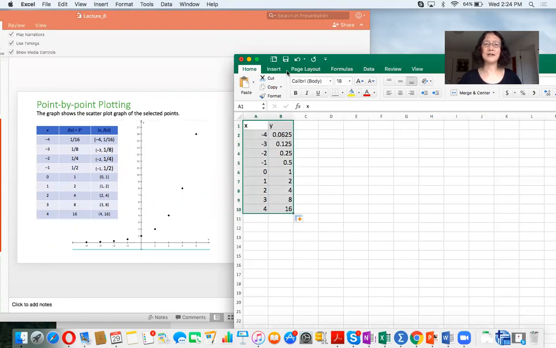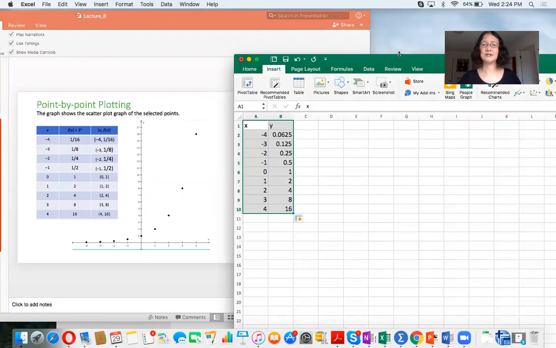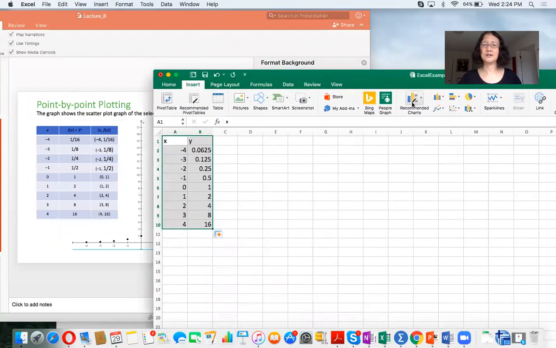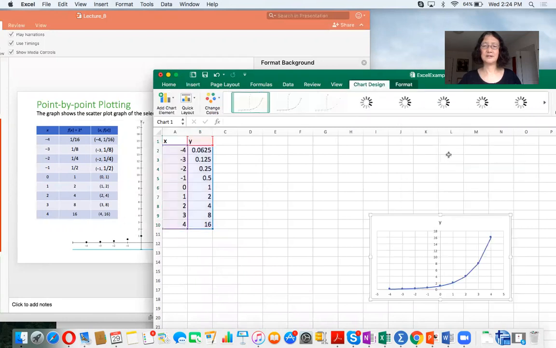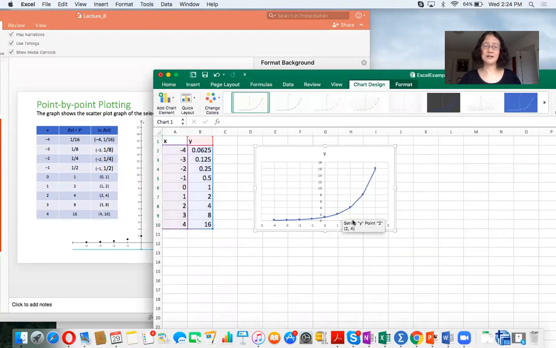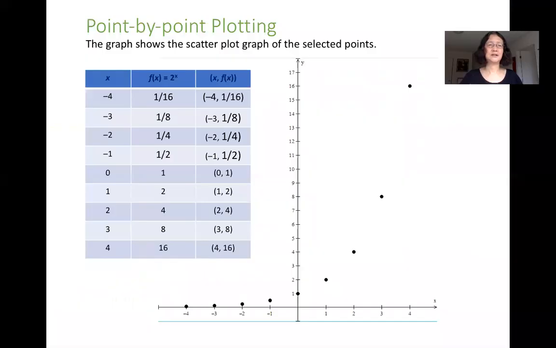Select x, y, go to insert, recommended charts, and you get this graph. It is the same as what we got by hand. So that is the graph of exponential functions.